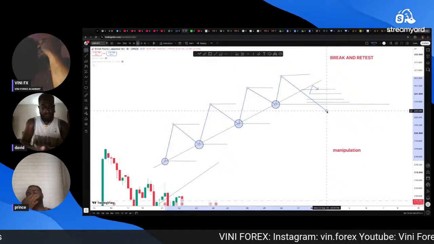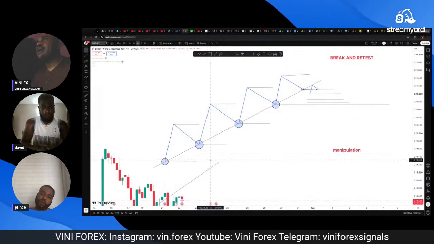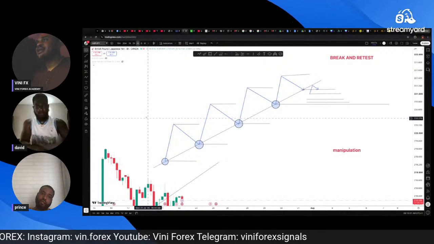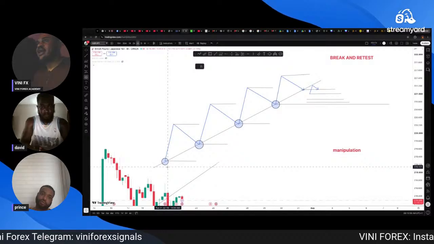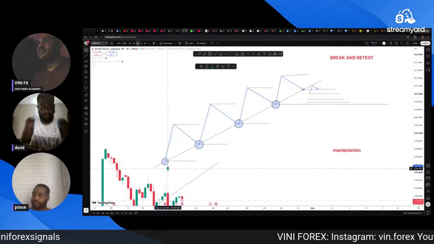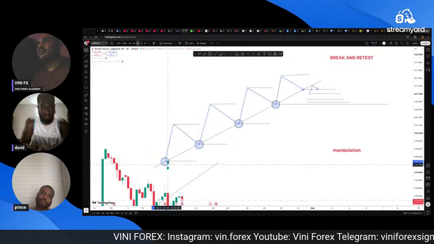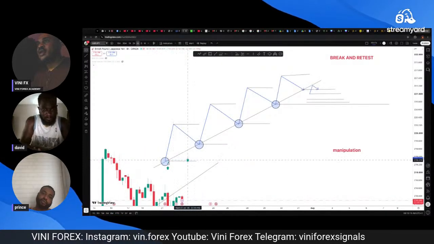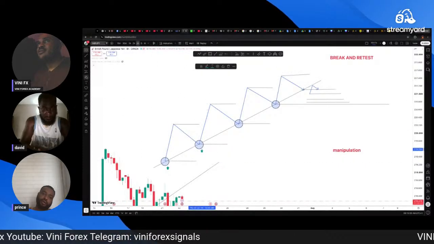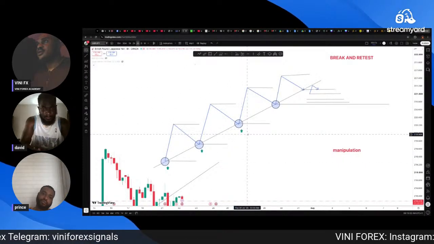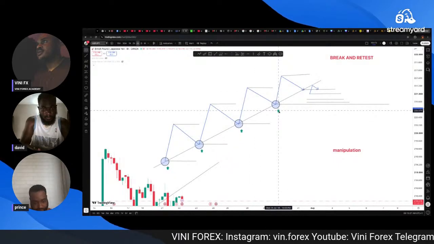So now remember, we were expecting a buy here because of the pattern the market has been following before. This is an uptrend, and here is the first touch, here is the second touch, here is the third touch, and here is the fourth touch.